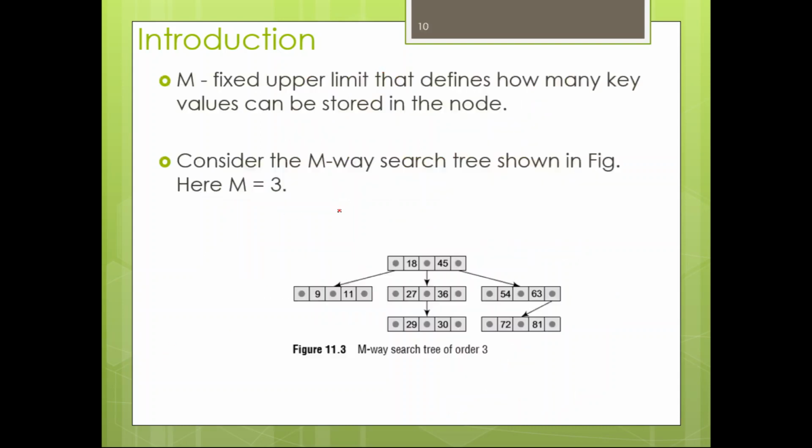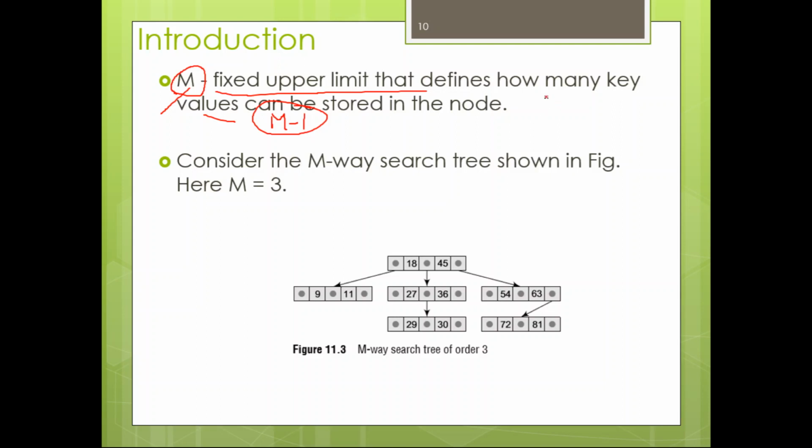So this is the structure of the m-way search tree. m is basically the upper limit that defines how many key values can be stored. It is not that m key values can be stored. m means that m minus 1 key values can be stored, and m children can be there.